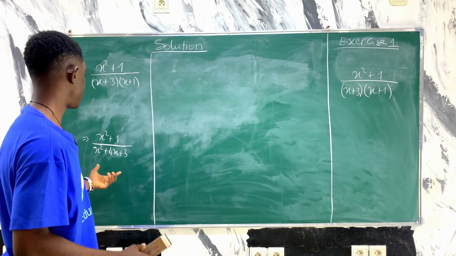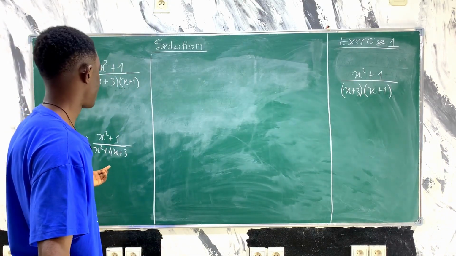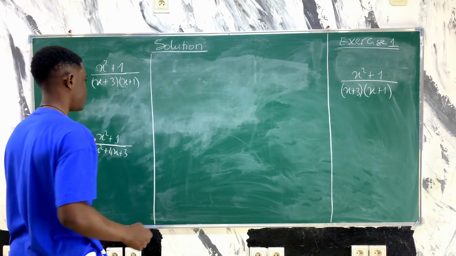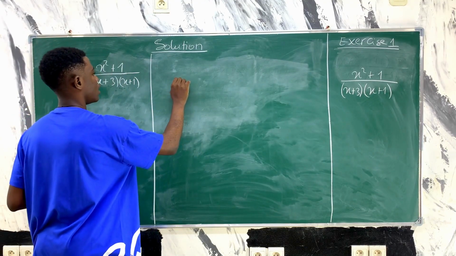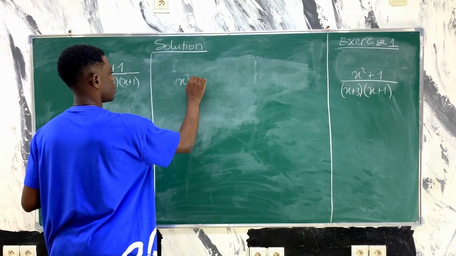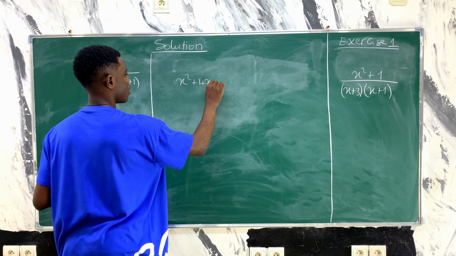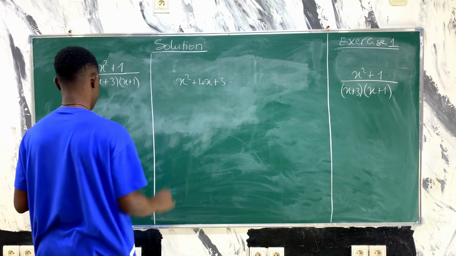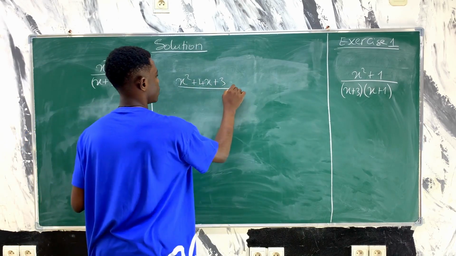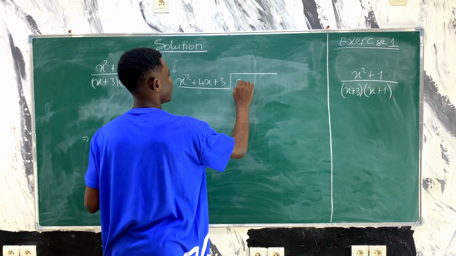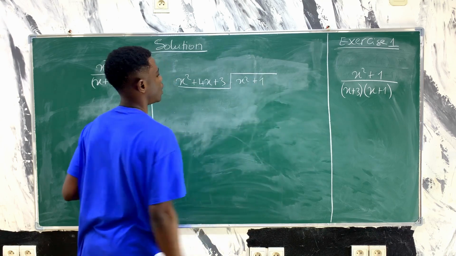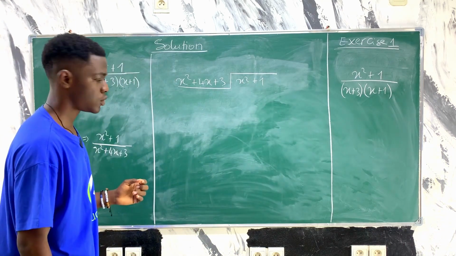Having the expression this way, to do the long division method, we do x squared plus 4x plus 3 divided by x squared plus 1, just like that.